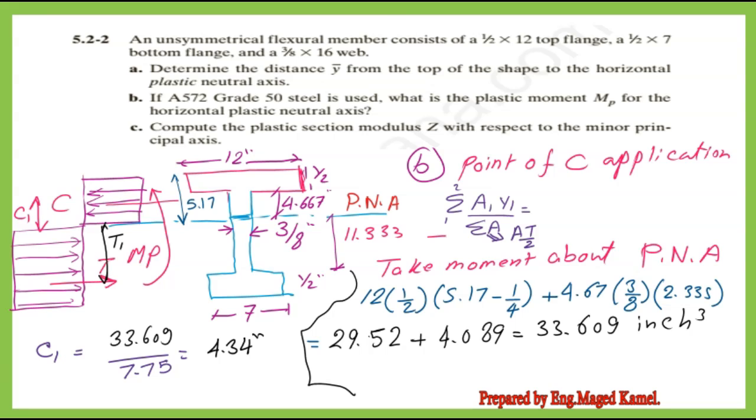In the fifth slide, we will estimate the C1 distance, which is the distance from the point of application of force C to the plastic neutral axis. The value of C1 can be estimated by taking the first moment of area for the upper half of the section about the plastic neutral axis.